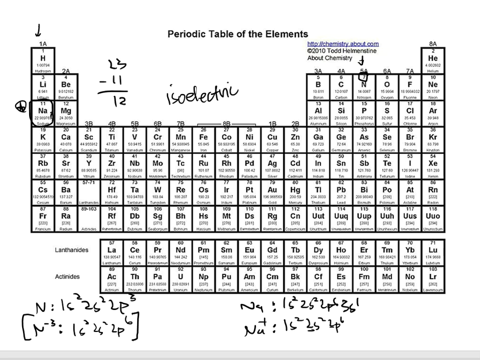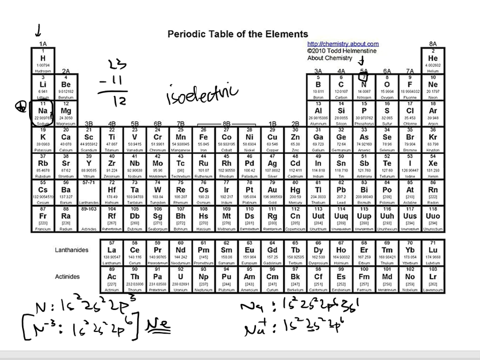1s2. Okay, there's 1s. There's 2. 2s2, lithium and beryllium. 2p6. There's P, there's 2. So boron, carbon, nitrogen, oxygen, fluorine, neon. You would say, hey, this is neon's electronic configuration. And that's true. It is.